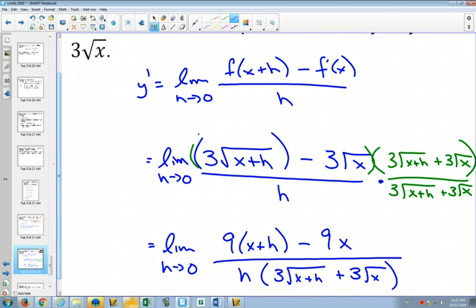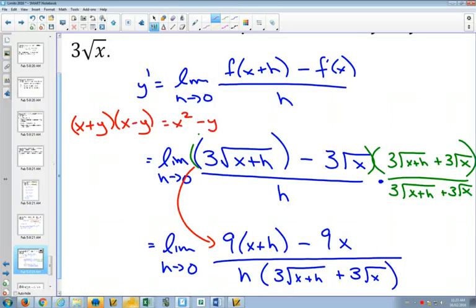Again, going from the top from here to here, if you're not comfortable with the difference of squares as a shortcut, which is basically this idea that when I have two conjugates and I multiply them together, what happens is the first one gets squared, the last one gets squared, and there's a minus sign in between. So that's all I did here.